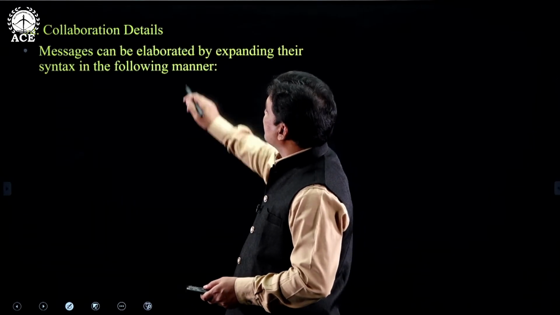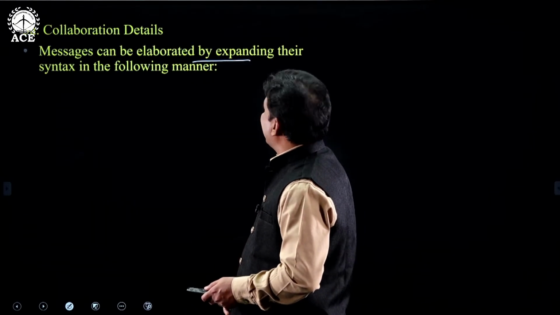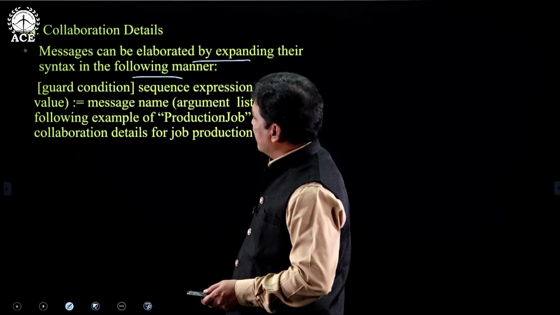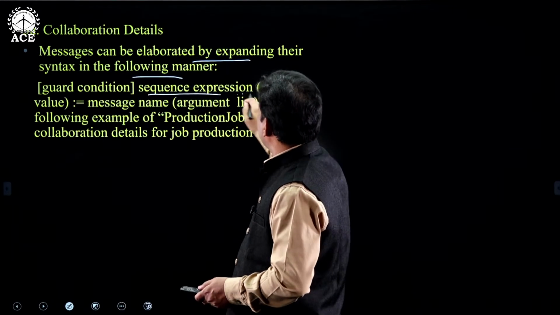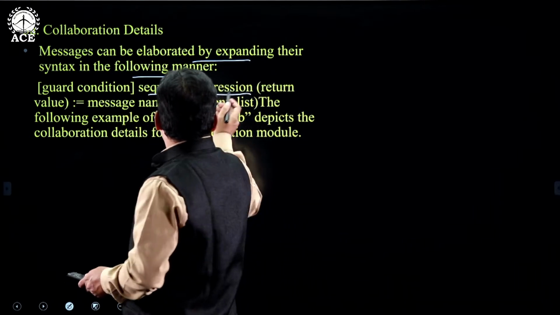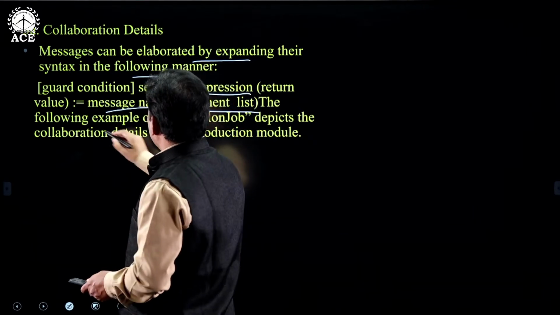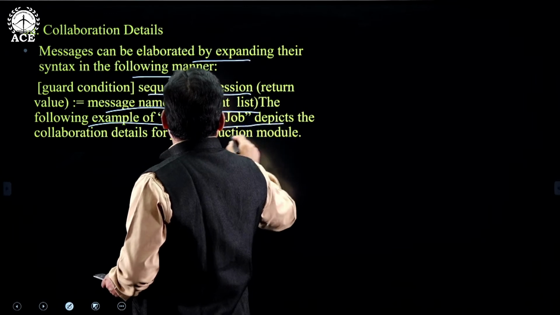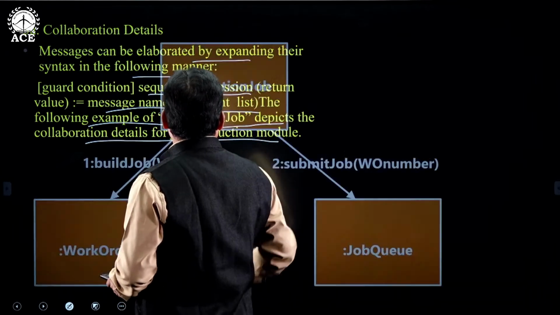Collaboration in detail: messages can be elaborated by expanding their syntax in the following manner. Sequence expressions: return value, message name, arguments. The following example, production job, depicts the collaboration details for the job production module.